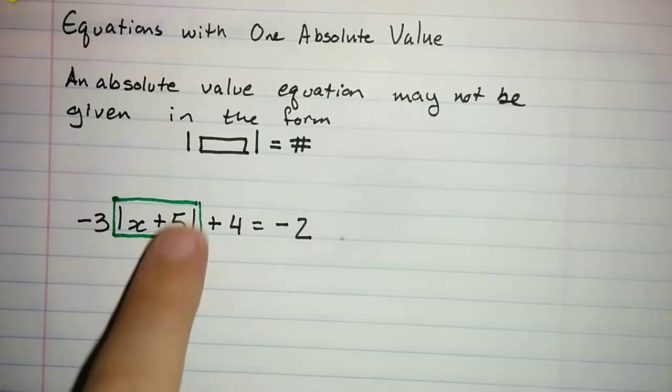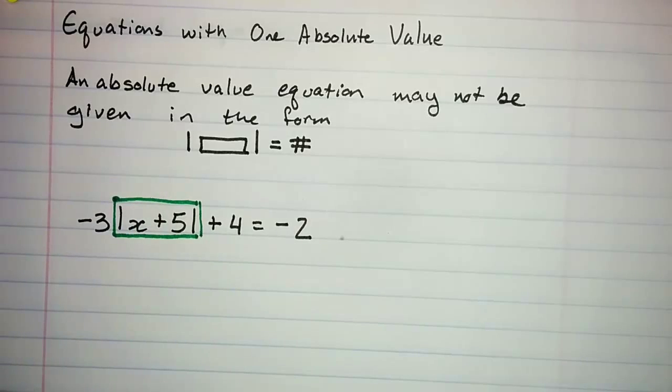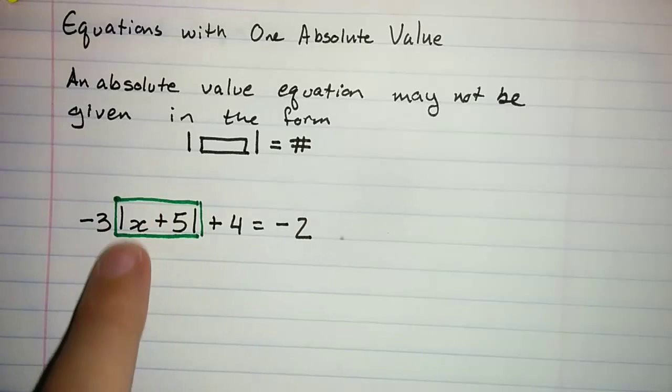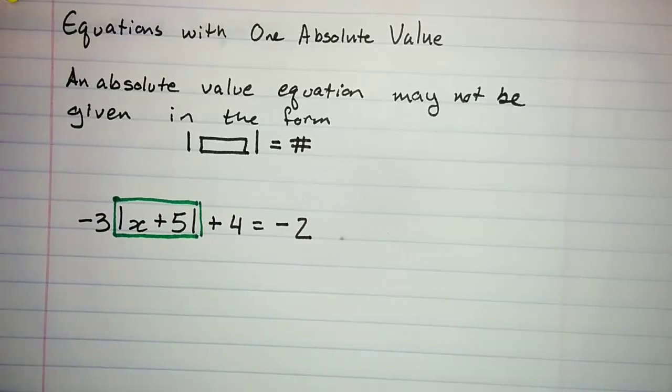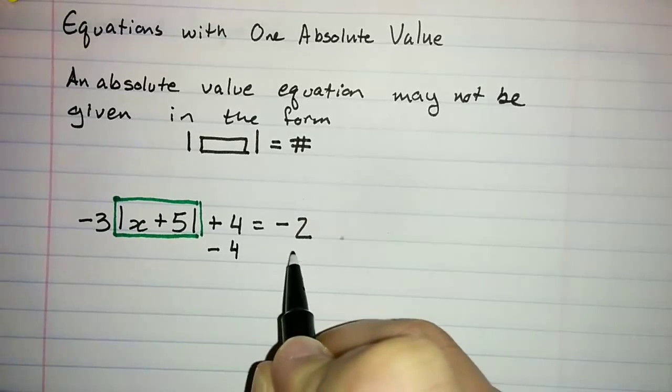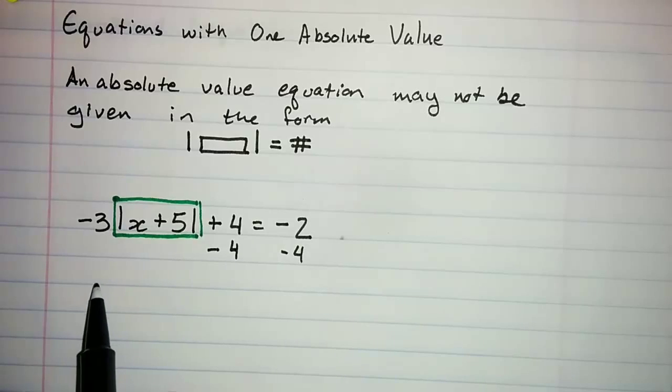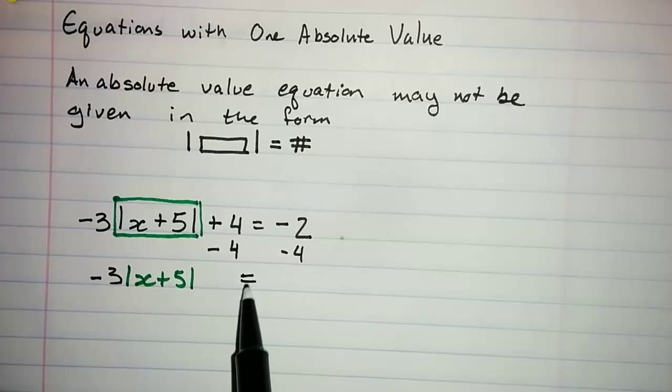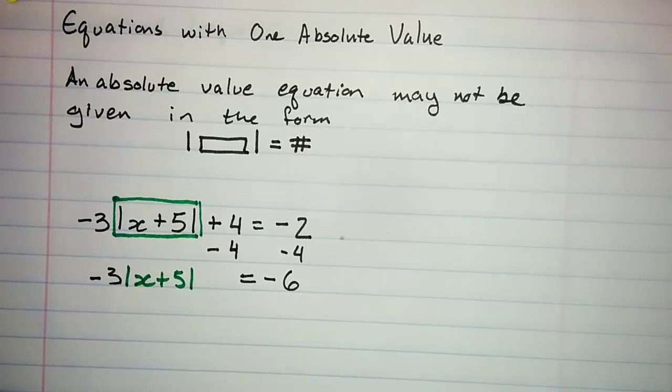So we act as if this thing were our variable, and we solve for it. What's keeping this from being alone? Well, there's this plus 4. We'll subtract that on both sides, and we'll get -3 times the absolute value of x plus 5 equals -6.